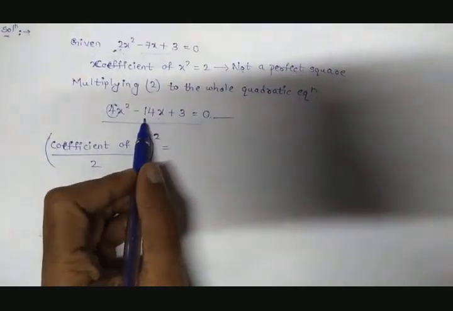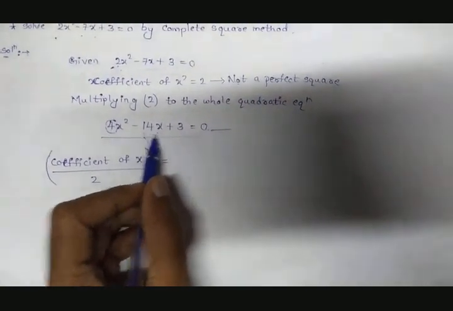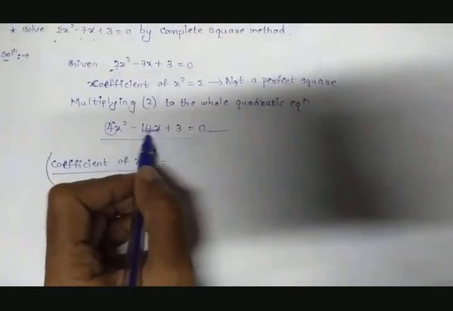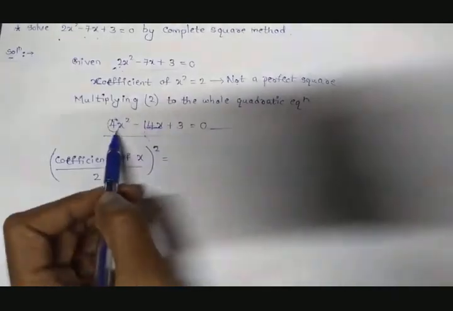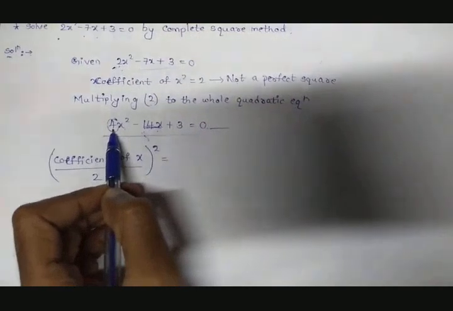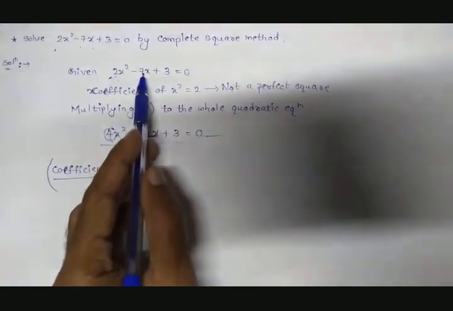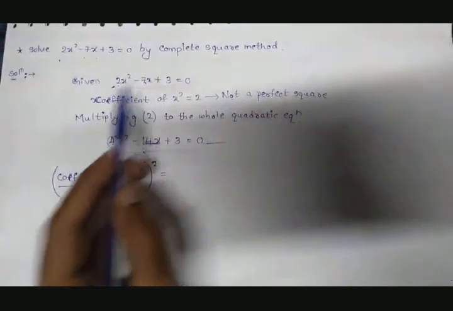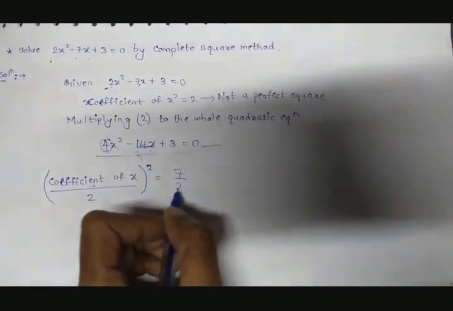Because you will take the coefficient of x now as 14. You should not take this as the coefficient of x. Why? Because you have multiplied it by 2 to make the coefficient of x square a perfect square. So what was originally the coefficient of x? It was 7. So you have to take the coefficient of x as (7 by 2) whole square.